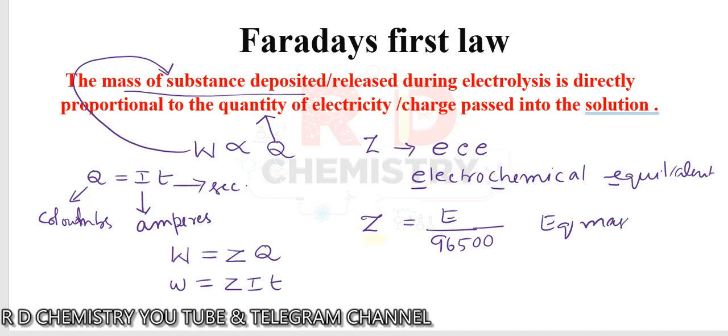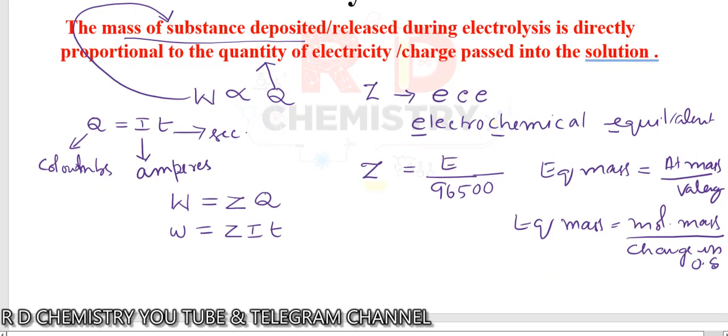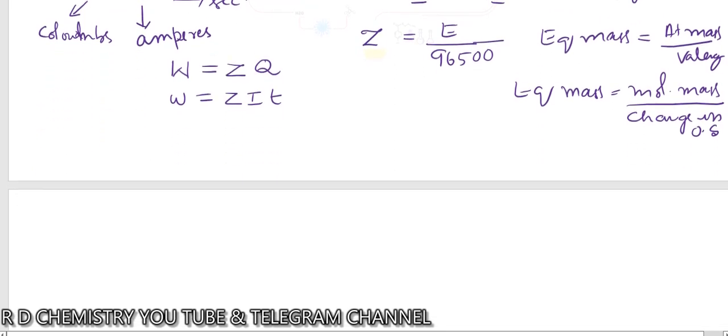For metals, it is the atomic mass divided by the valency, or equivalent mass is also equal to molar mass divided by change in oxidation state.